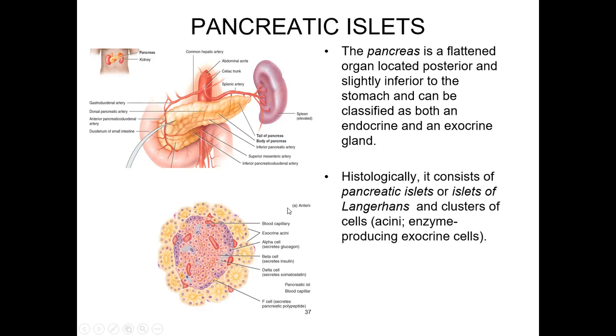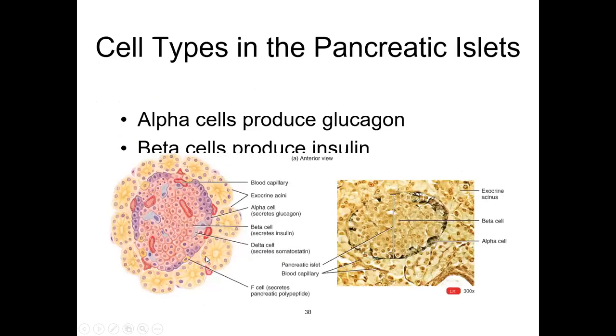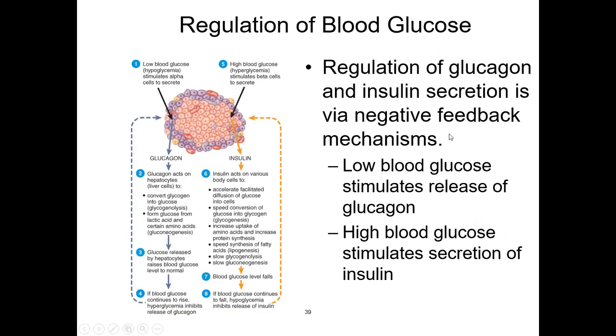Here, we do have to mention that inside the pancreas, we have these pancreatic islets, and the alpha cells inside the pancreatic islets produce glucagon, beta cells produce insulin, and glucagon and insulin both regulate blood glucose levels, and we do have a negative feedback scheme, a regulation here.